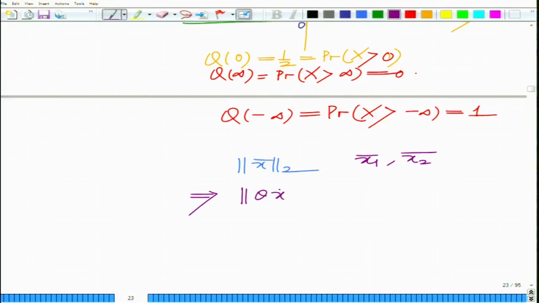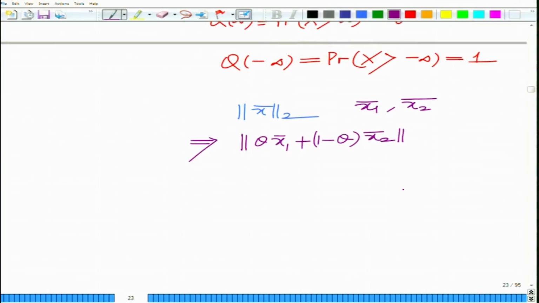We want to find the norm of theta x1 bar plus 1 minus theta x2 bar, the value of the function at the convex combination. Now, using the triangle inequality, for any convex combination, 0 is less than or equal to theta less than or equal to 1. So, this is less than or equal to norm of theta x1 bar plus norm of 1 minus theta x2 bar, from the triangle inequality.